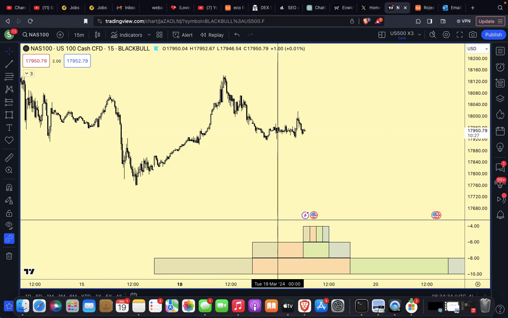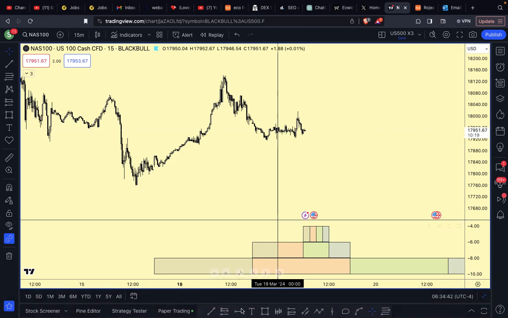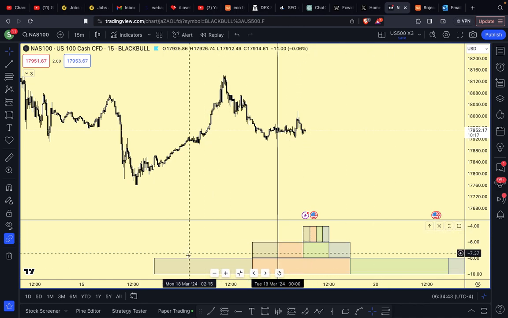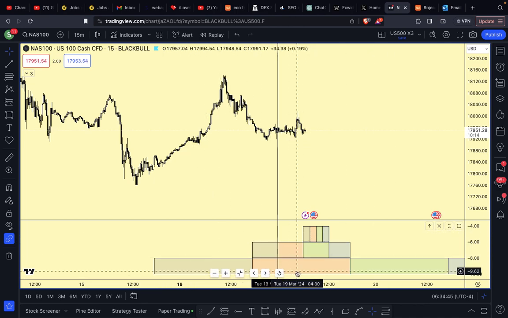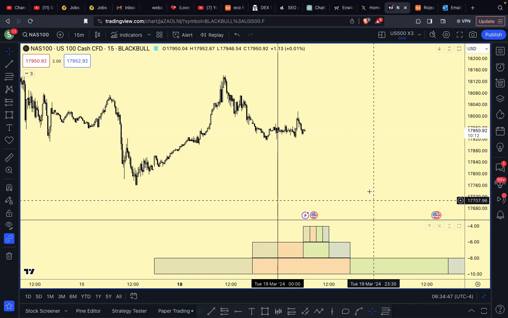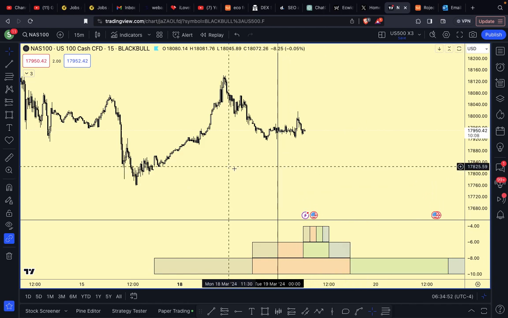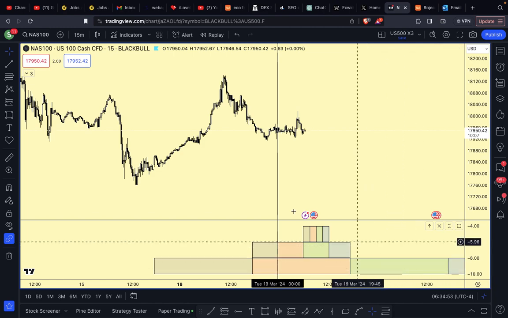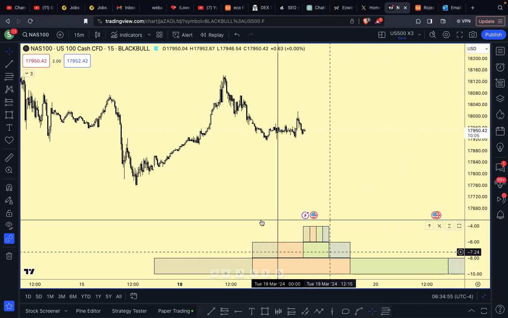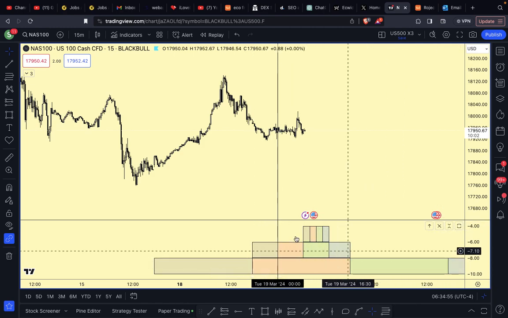So as you can see, Tuesday the 19th of March from midnight, that's where we currently are. You can see the rectangles at the bottom of the screen. These ones, the bigger ones, represent the daily or the weekly cycle. As you can see, Monday, Tuesday, Wednesday, right?